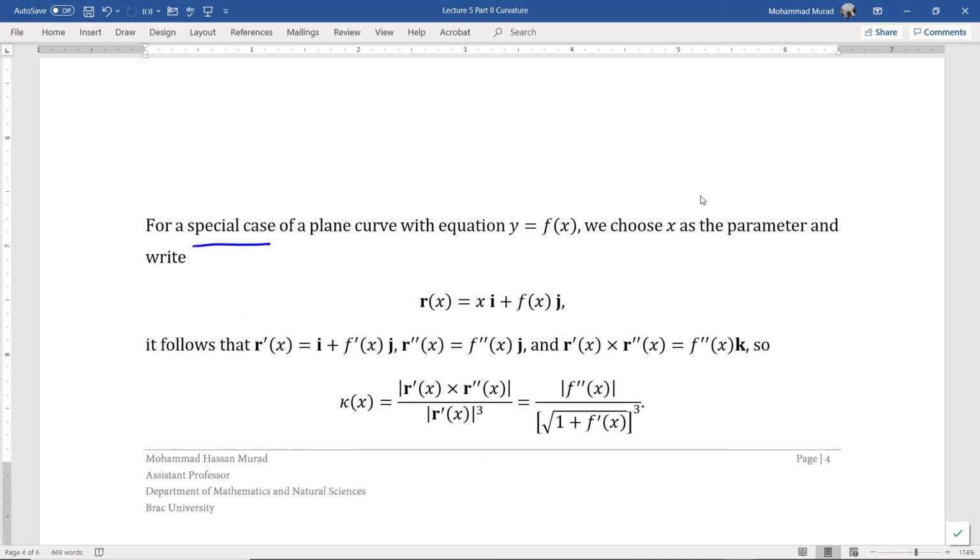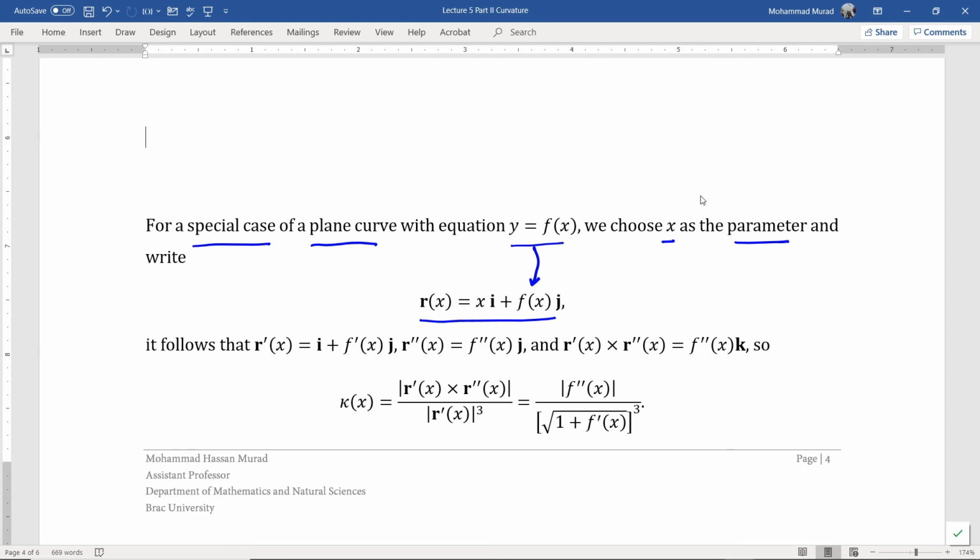For a special case of a plane curve with the equation y equals f of x, we choose x as the parameter, and then we can write the vector function of this plane curve as r of x equals x i plus y j, but instead of y we can use f of x j. So this vector function entirely depends on the parameter x.